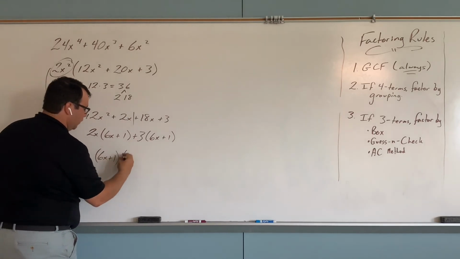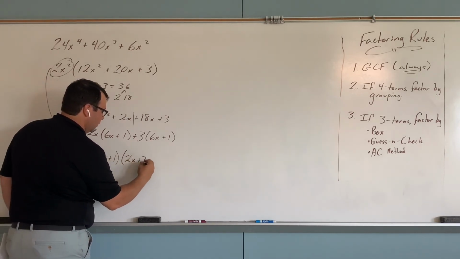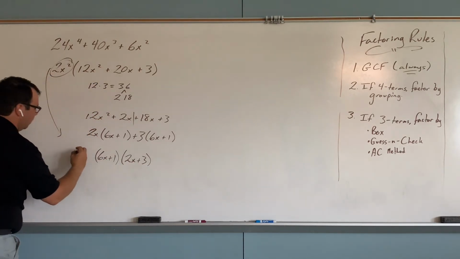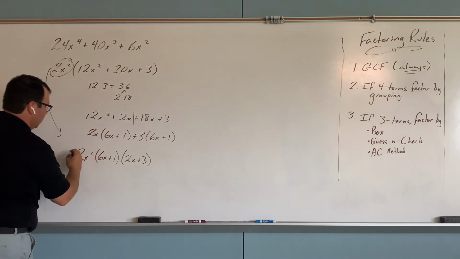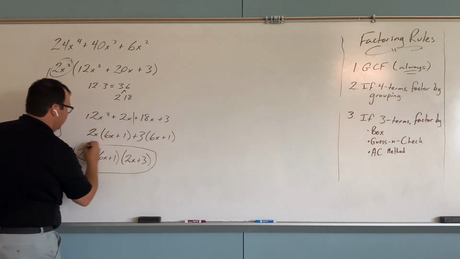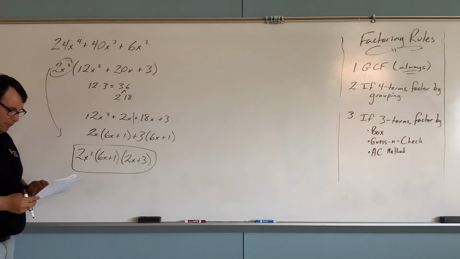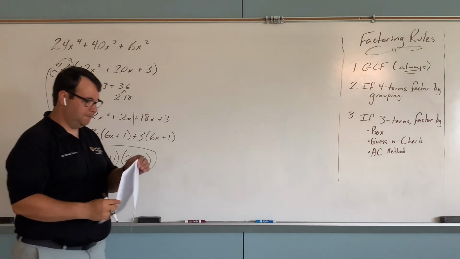I have 2x plus 3. And then, hey, I see an arrow. That's 2x squared on the outside. Not too bad, right? AC method is really, really helpful, especially as those terms start to get larger.